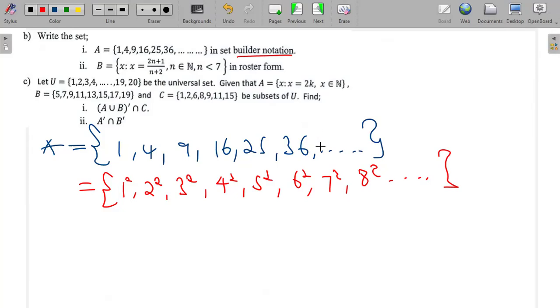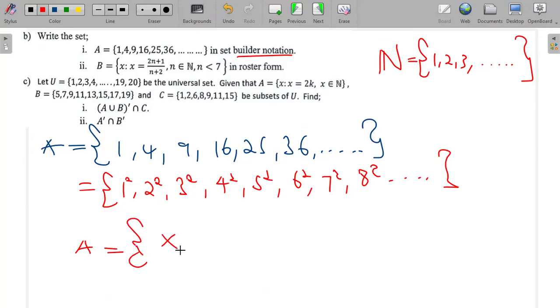Numbers that start at 1 and keep increasing are called natural numbers. So those numbers belong to the set of natural numbers, which starts at 1, 2, 3, then increases to infinity. To describe this in set builder notation, I'm going to say set A is a set of all x such that x equals n squared, where n is a member of the natural numbers.